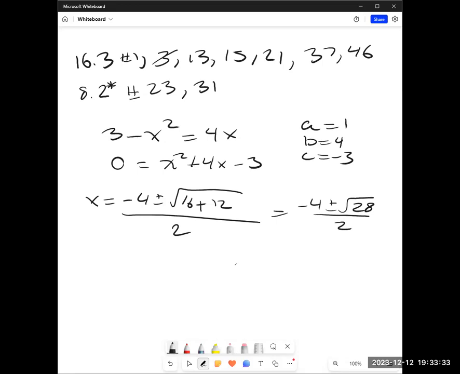So it's 28. But there is a perfect square of 4 in there, so that's 2 root 7 over 2. That looks better. So this is going to be negative 2 plus or minus root 7 when I divide everything by 2. And so my answers are negative 2 minus root 7 and negative 2 plus root 7.